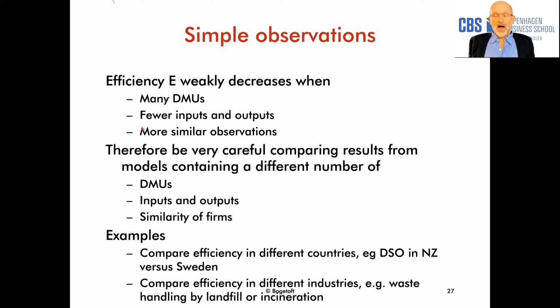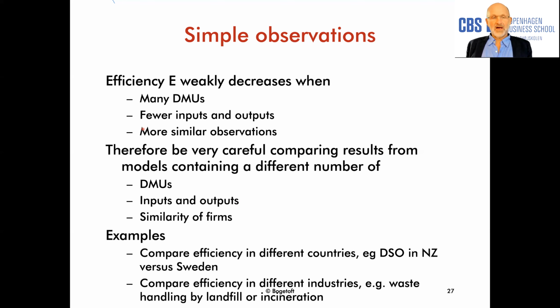Okay. I've seen it also in other areas, like for example, you do an analysis of two sectors. For example, waste handling could be done by landfill, or waste can be handled also by incineration.